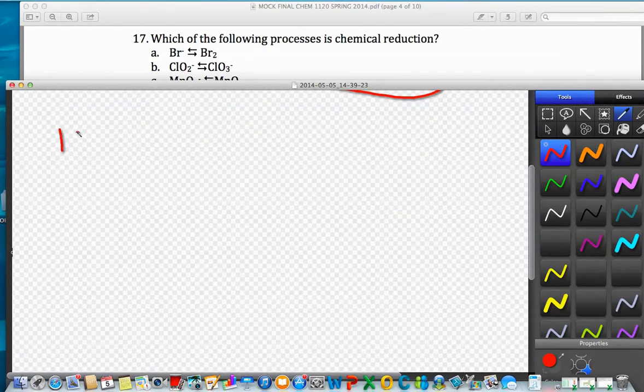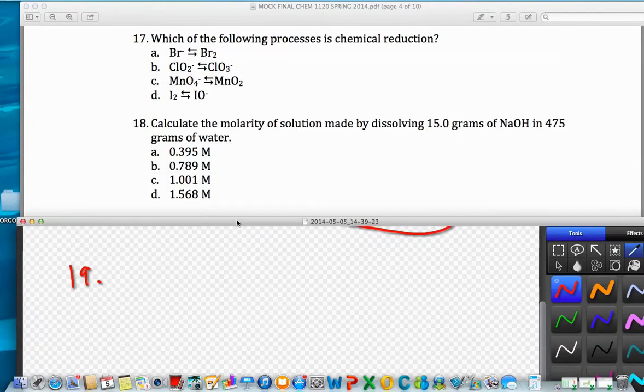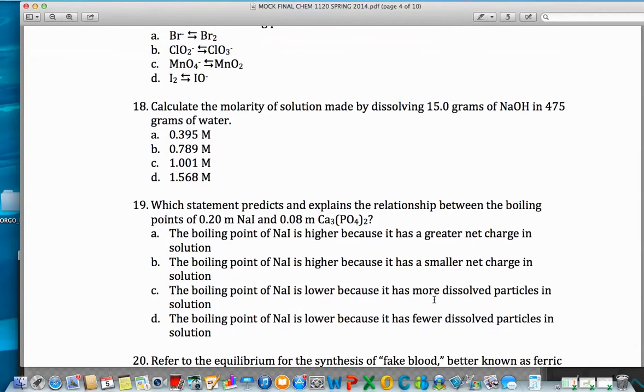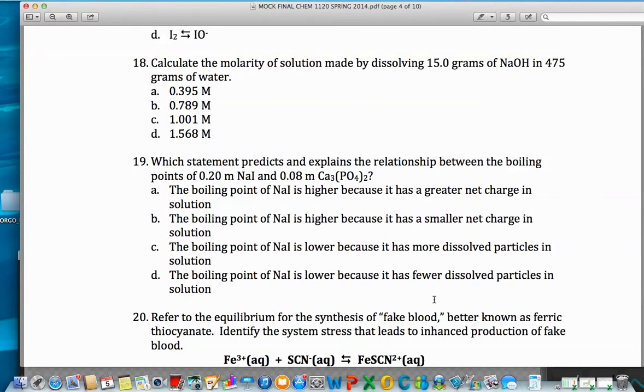Number 19. We're trying to look at the relationship between the boiling points of NaI and calcium phosphate. So NaI would be 0.4, and I believe I changed the value in this from 0.08 to 0.081.